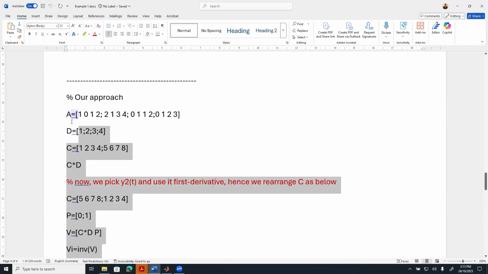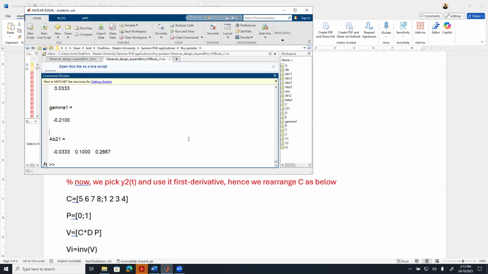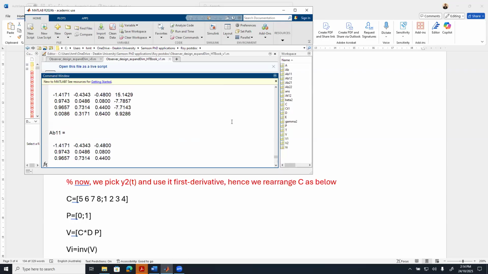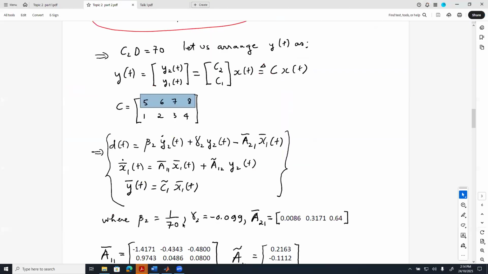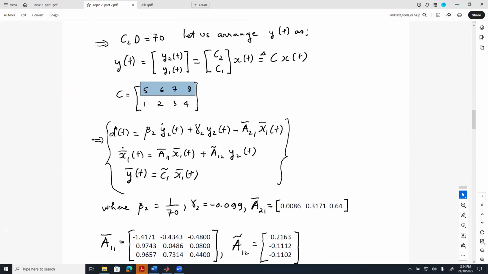All right, so what we can do here, we just cut and paste that into MATLAB, and we clear it, and then we obtain these submatrices for the decomposition, where we can express the unknown input in this form. Keep in mind that it is now in terms of the second output measurement. All right, so we got beta 2, gamma 2, and all of that accordingly.